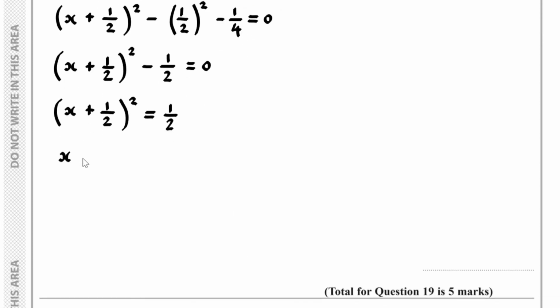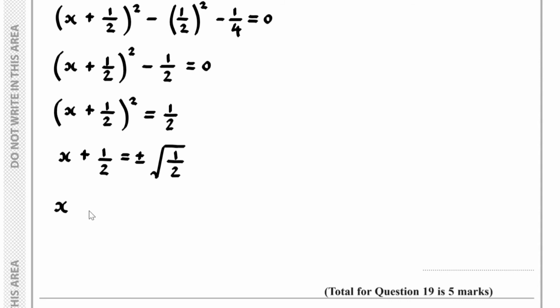we would have x plus 1/2 equals 1/2 square rooted. And don't forget, when we square root, we have the plus minus with it. Now square root over half is root 2 over 2.